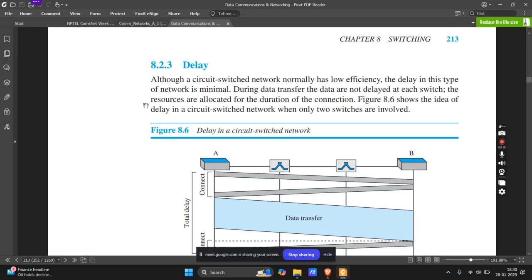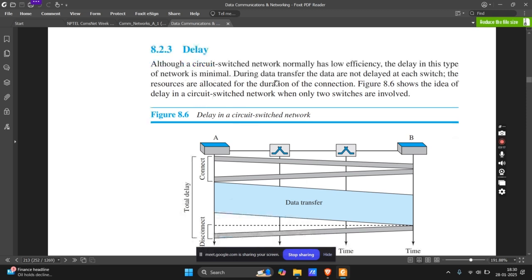But before we go on to packet switching, we will see what is the delay involved. Although circuit switching networks normally have low efficiency, the delay in this type of network is minimal. What does that mean? If you do not get a reservation, you have to wait. That is true.